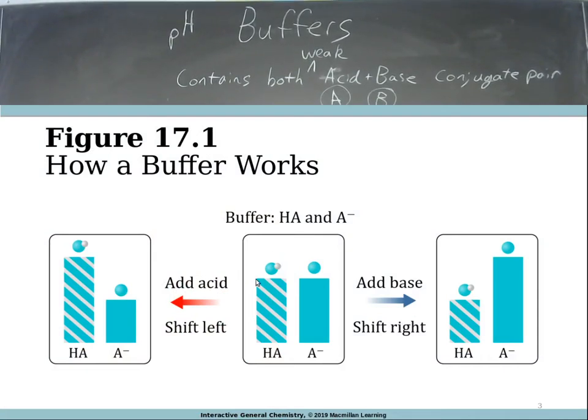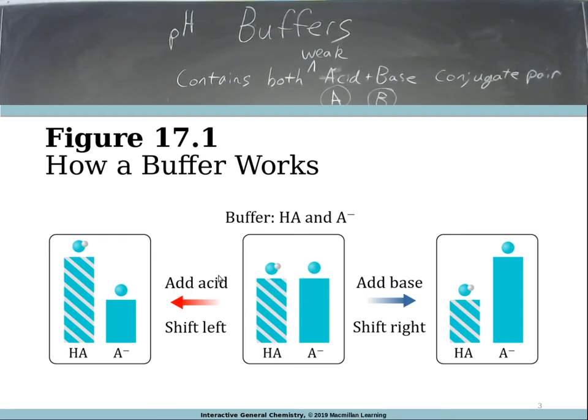So we can see this in figure 17.1. These bars represent the quantity of the conjugate acid and the conjugate base pair, here they've used HA and A minus. Perhaps that's what I should have done. But these are the conjugate acid-base pair. And these bars represent the amount that we have in solution, so they're equal to each other.